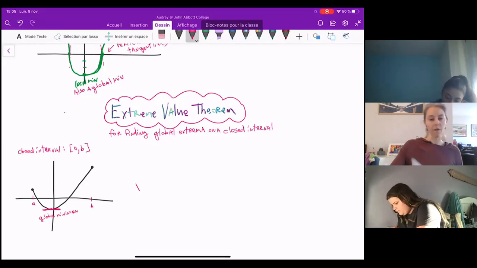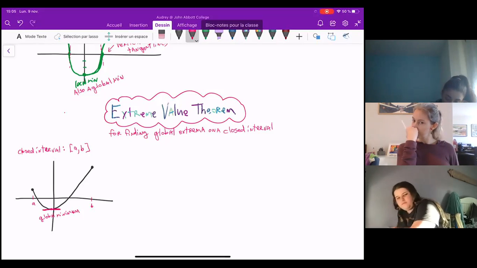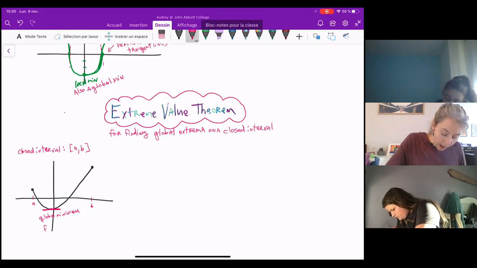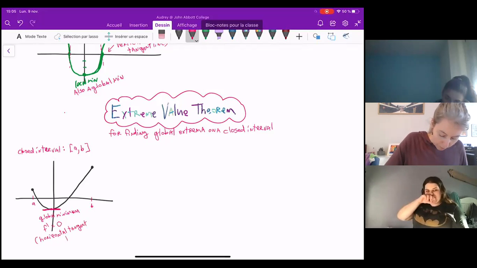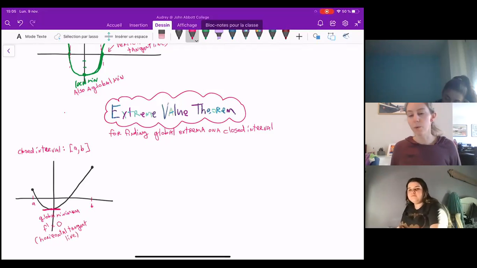What's the derivative at that place where the global minimum occurs? You got it. Here I can say that f prime is equal to 0, and this is a horizontal tangent line. So maybe you're seeing why we focused so much on horizontal tangent lines earlier in the class.